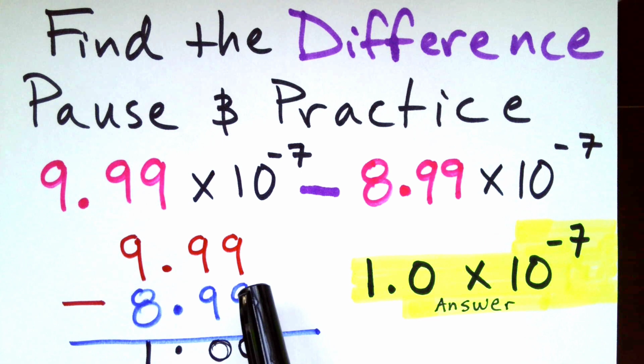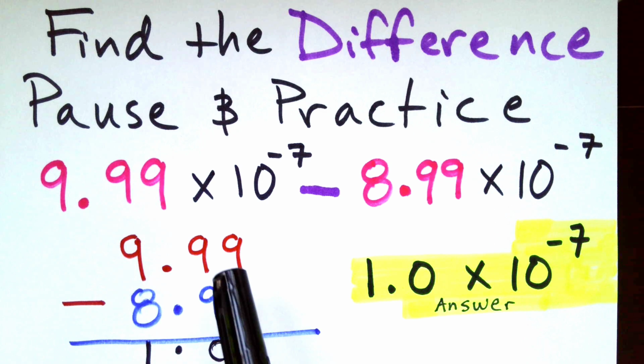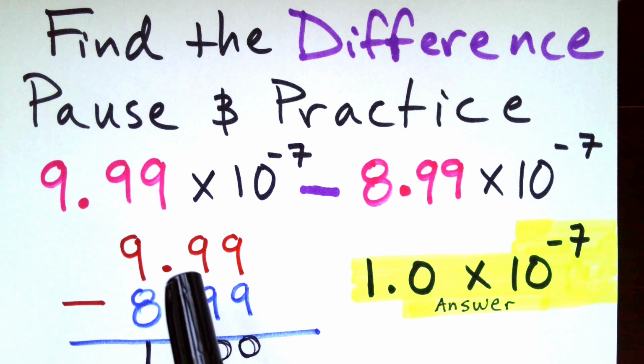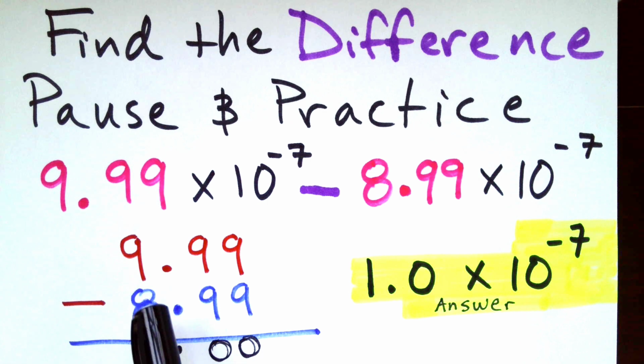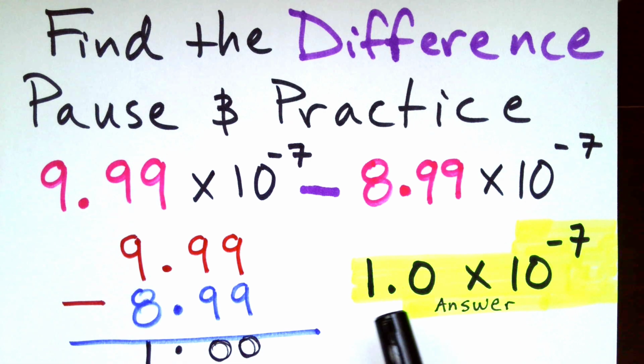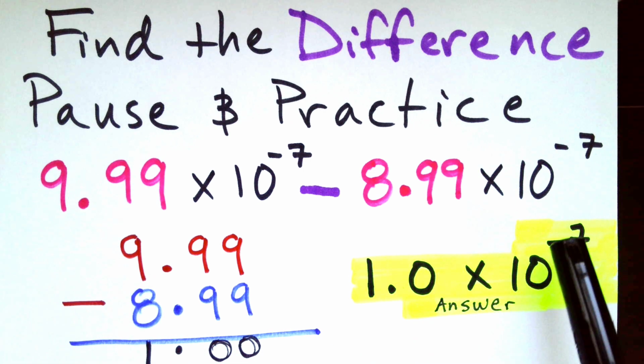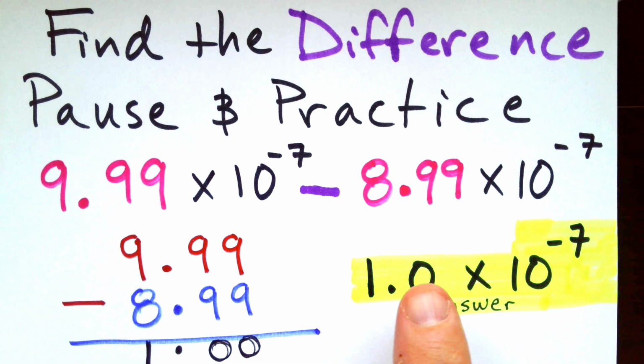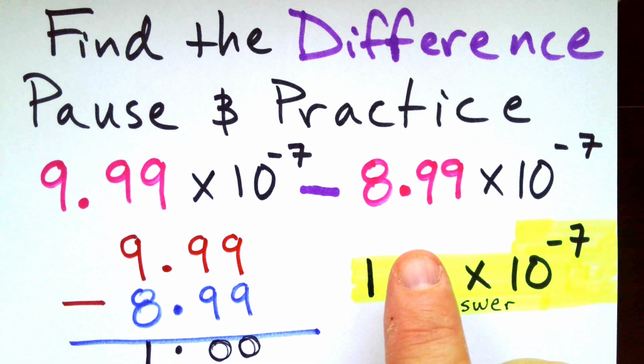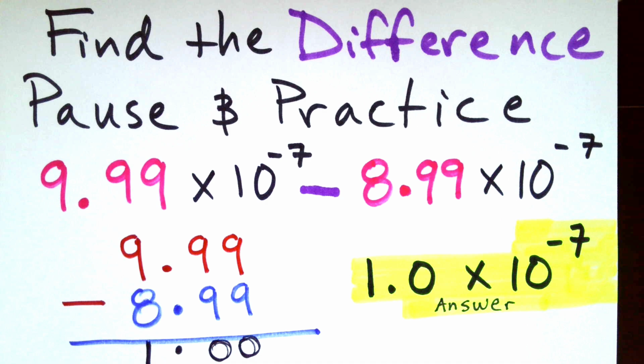I can subtract 9 from 9, that gives me 0. 9 from 9 is 0, keeping my decimals lined up in my answer, and 9 minus 8 is 1. And I wanted to point out 1.0 times 10 to the negative 7, or 1 times 10 to the negative 7. Both of those are exactly the same answers.